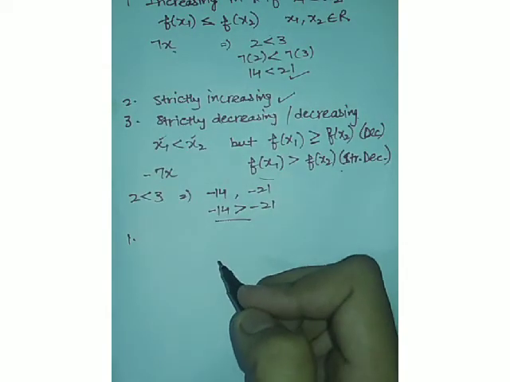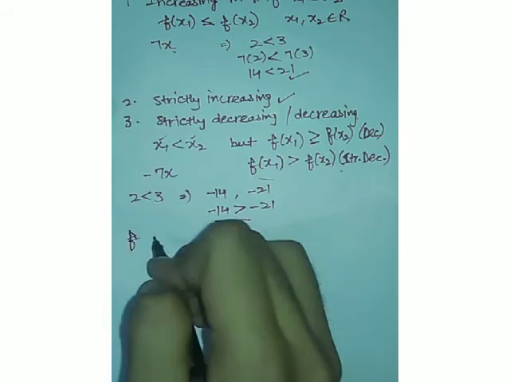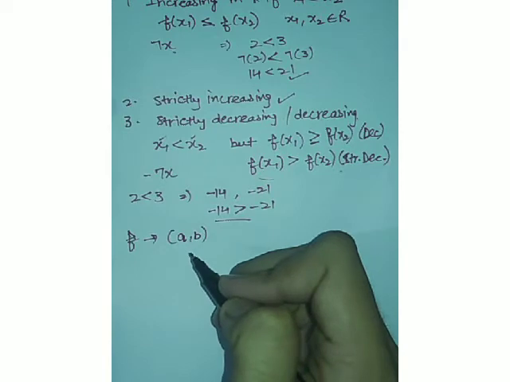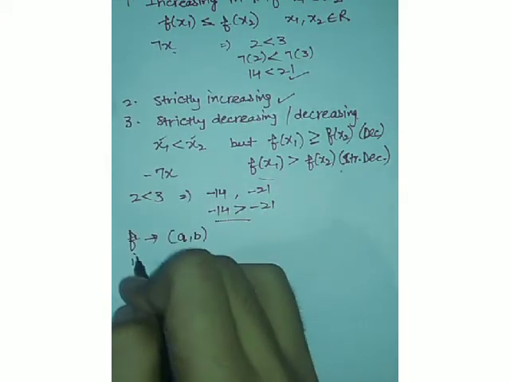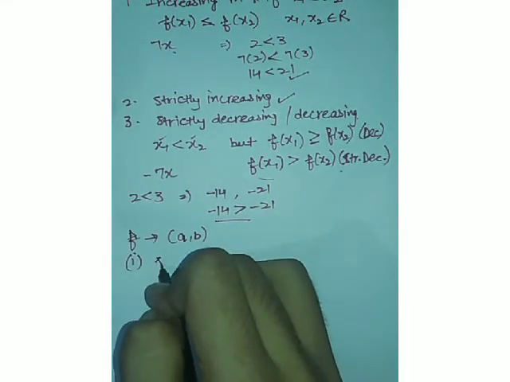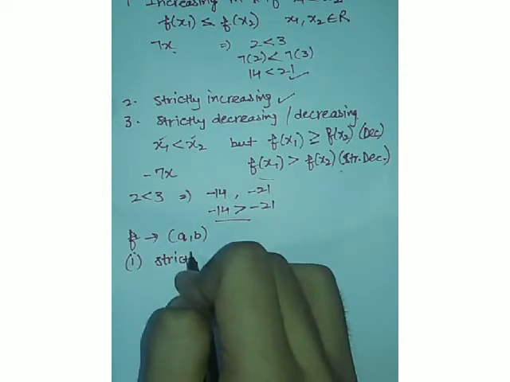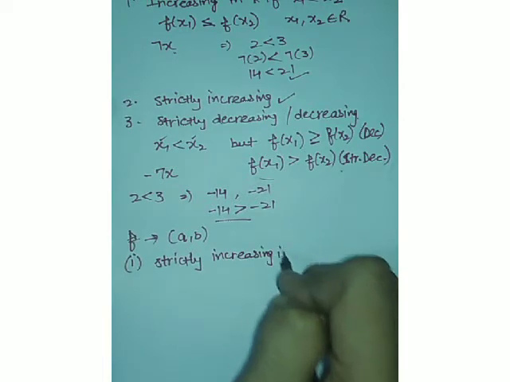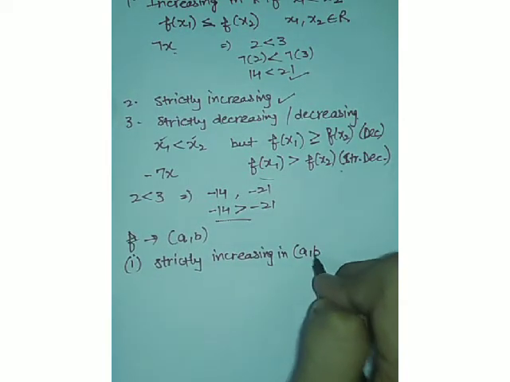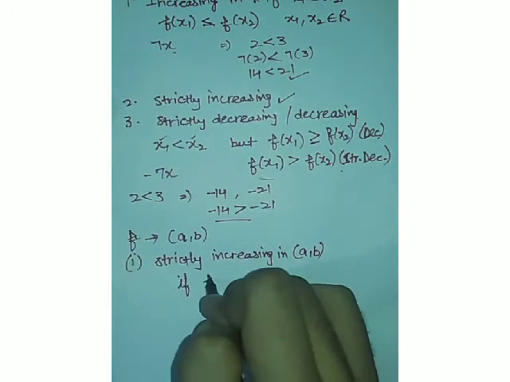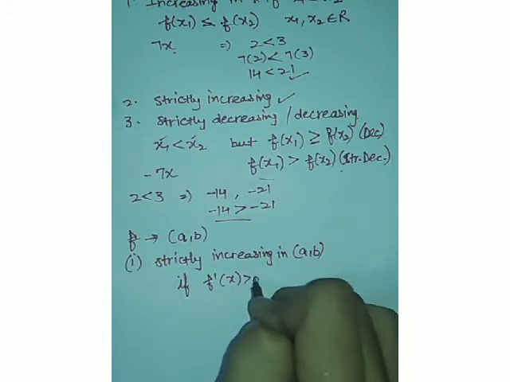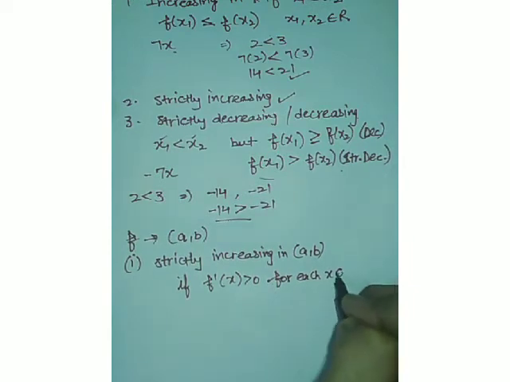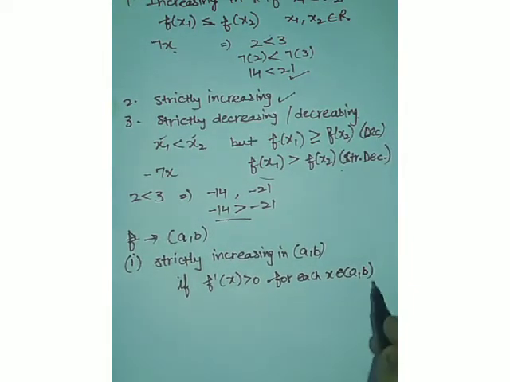Now for the other remarks, consider a function f which is defined in an open interval (a, b). For this, f will be strictly increasing in (a, b) if f dash x is greater than 0 for each x belonging to (a, b).